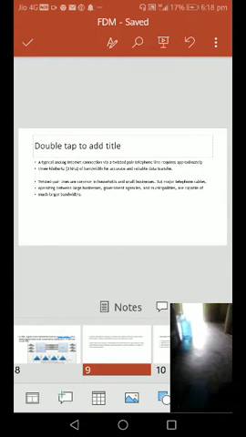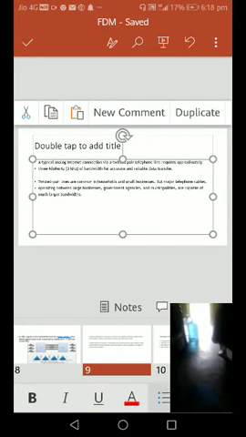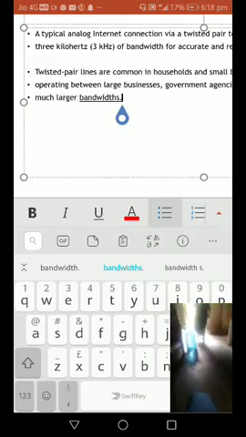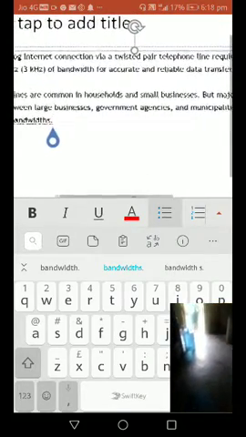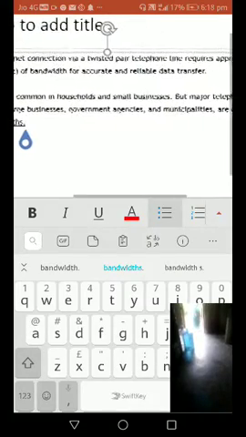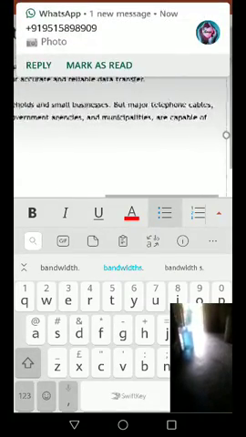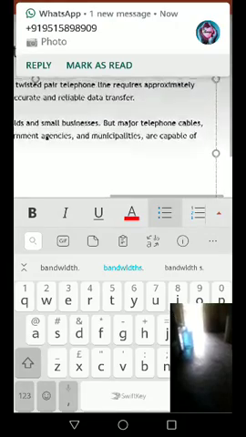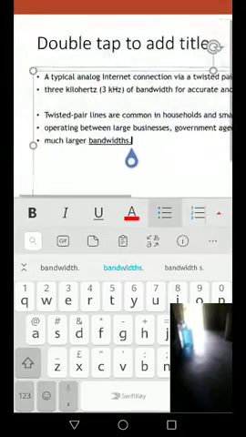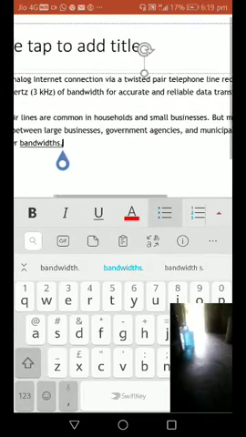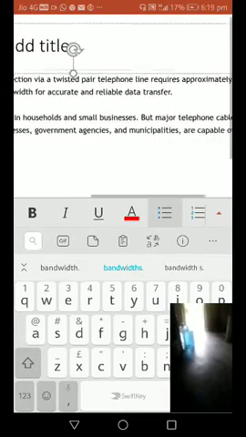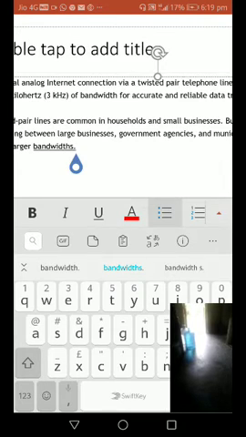Here, typically, an analog internet connection via twisted pair cables or telephone lines is required. Telephone lines require approximately 3 kilohertz of bandwidth for accurate and reliable data transfer.